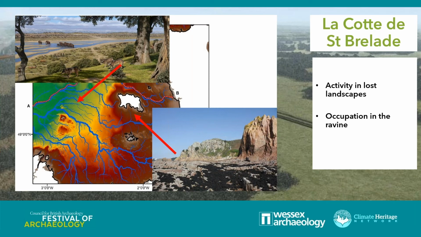This is the landscape which the archaeology seems to reflect, where people were actually active a lot of the time, and they were returning to this ravine system as a source of shelter, as a site to be occupied. But where they were actually mostly active is now within these drowned offshore landscapes.